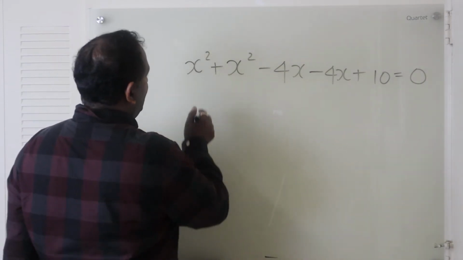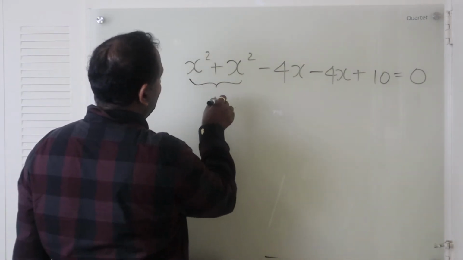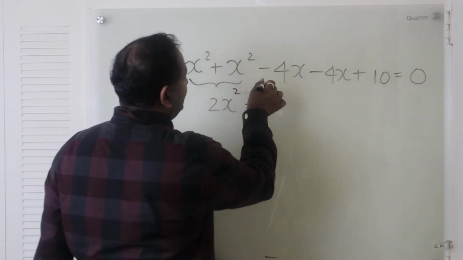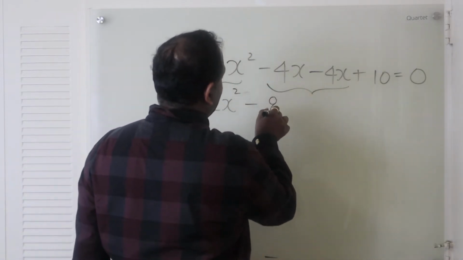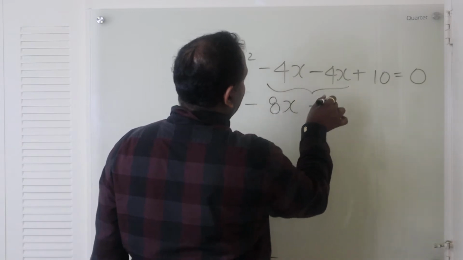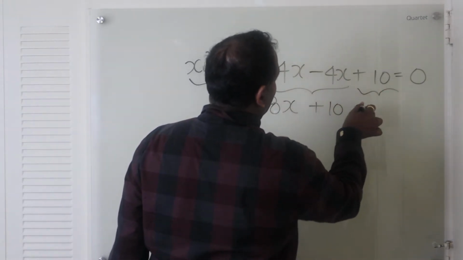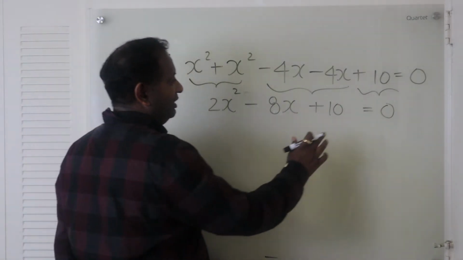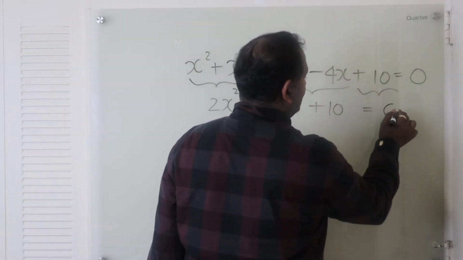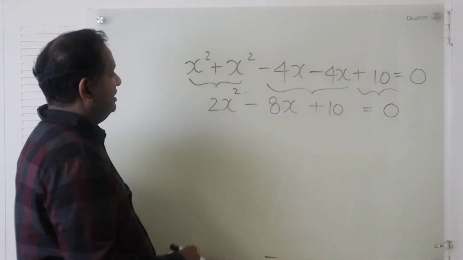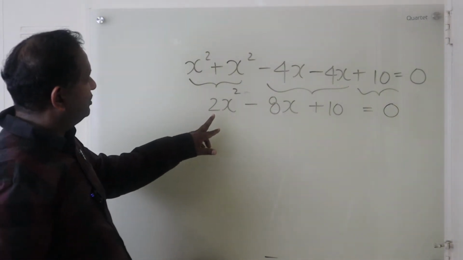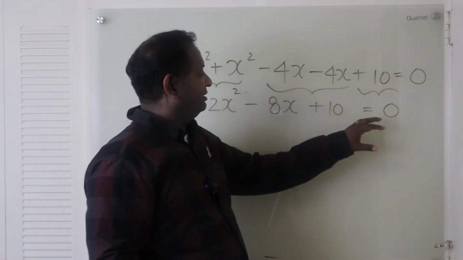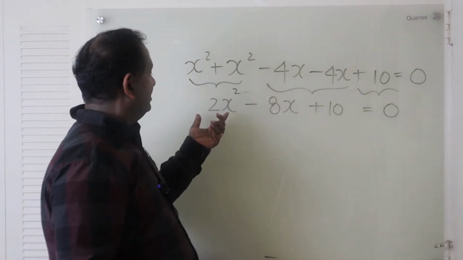Now, let's combine these terms. This is nothing but 2x squared, these two give 8x, and the last term standing by itself is 10. You're left with a very nice quadratic equation. But we are not done. There's something common to all three terms, so 2 is a common factor.